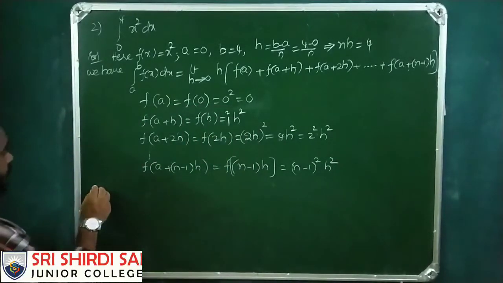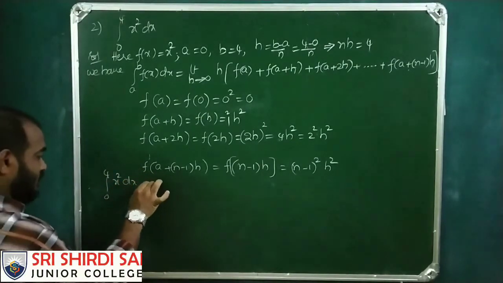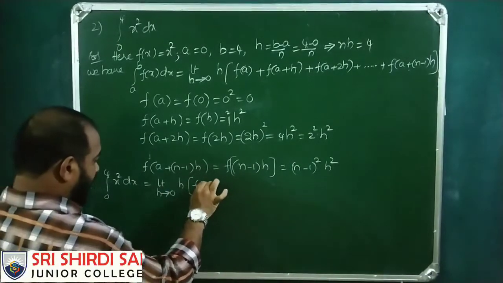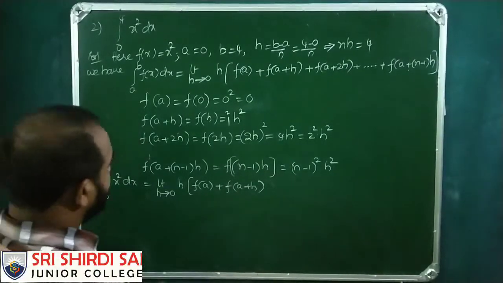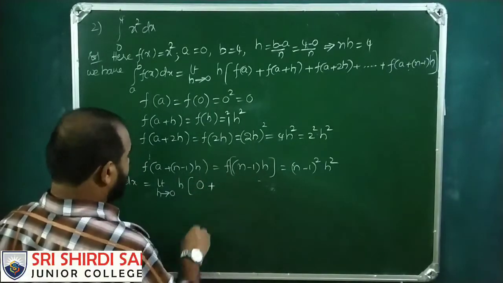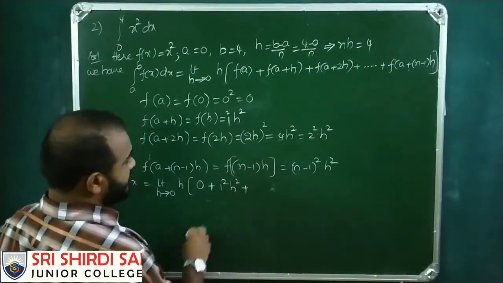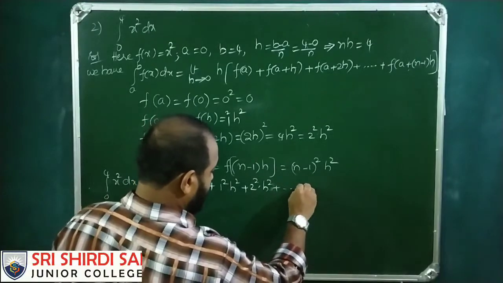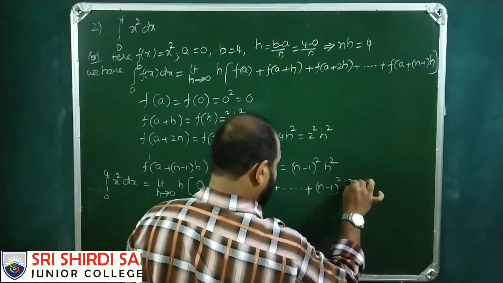Therefore, the integral from 0 to 4 of x square dx equals the limit as h tends to 0 of h into [f of a plus f of a plus h, plus... so what is this? 0, plus 1 square h square, plus 2 square h square, etc., plus (n minus 1) whole square into h square].